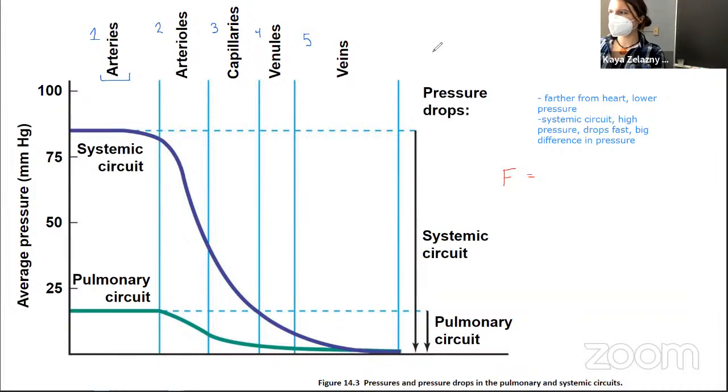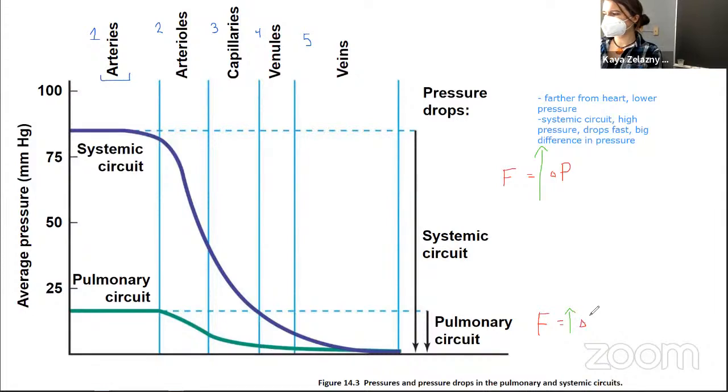No, right? Because we have a big difference in pressure across that systemic circuit, and then we have a smaller difference, a lesser difference across the pulmonary circuit.